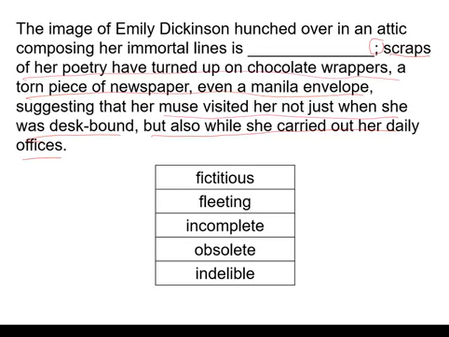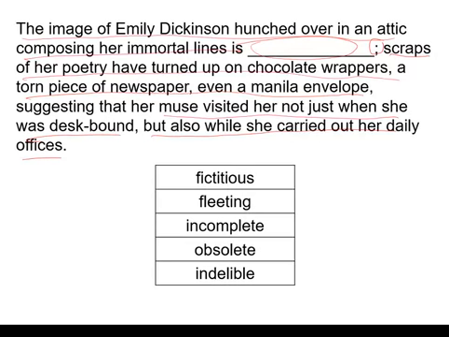So, to summarize in my own words, she sometimes wrote at her desk, but she also wrote whenever and wherever the mood struck her. So how does this first sentence summarize the same idea? What it says is the image of Dickinson hunched over in an attic composing her immortal lines is blank, the word that we need to choose.